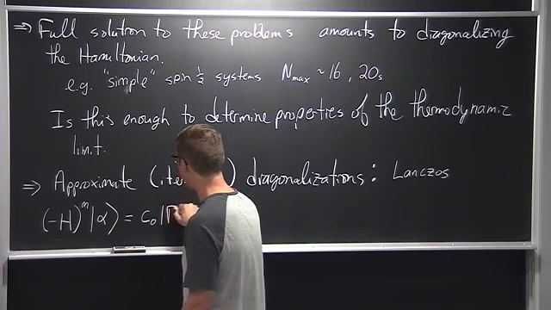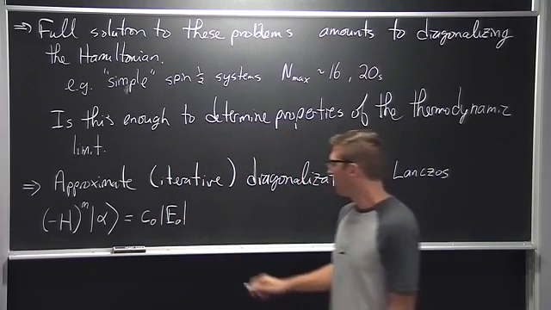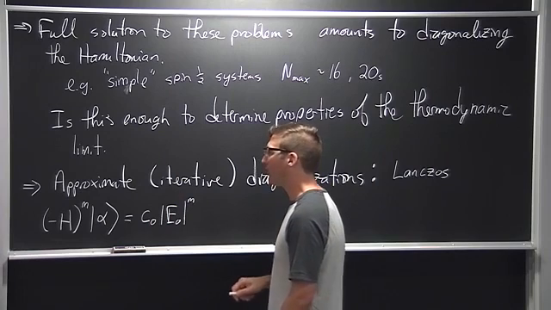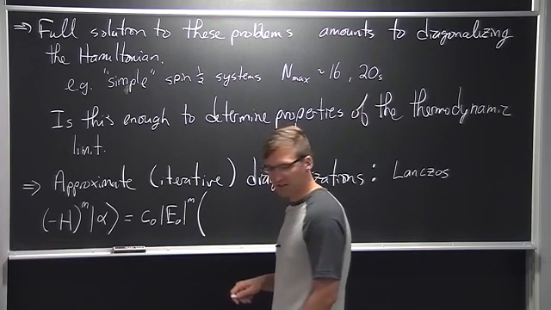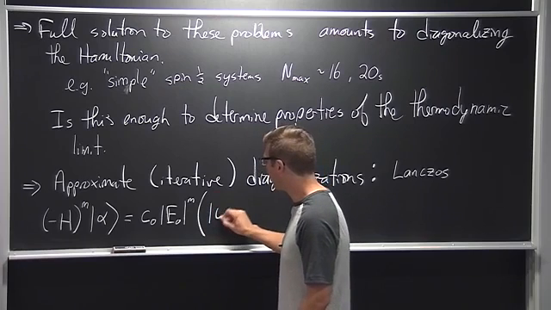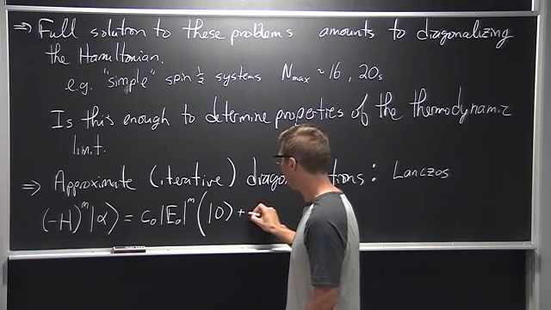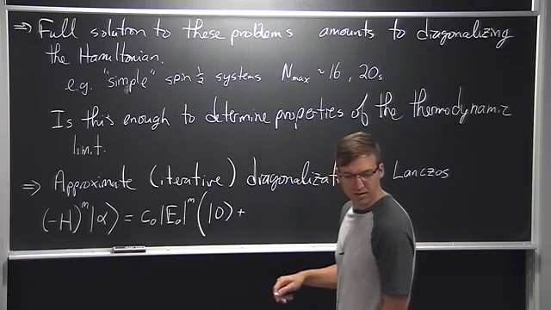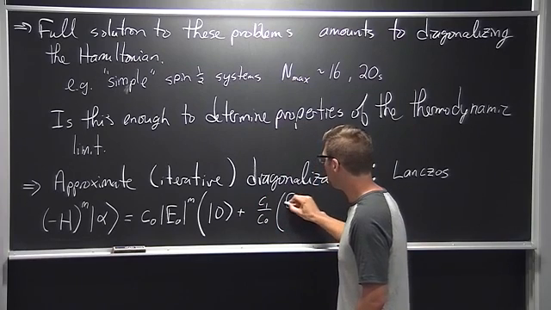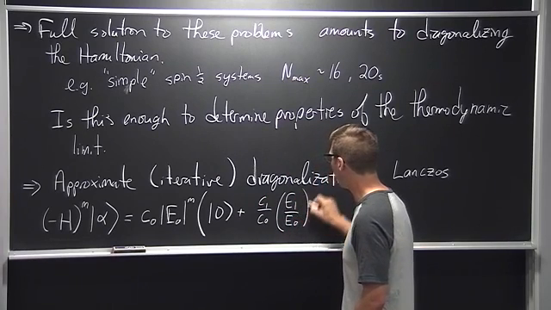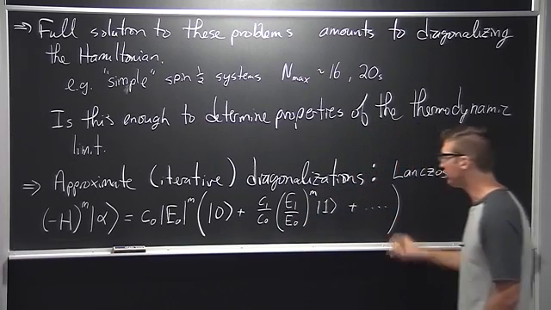So I want to pull out C naught and the ground state energy, the magnitude of it to some power. Right, then I can write this basically as just the ground state energy, so I'm working in the energy eigenbasis, plus something like this: E1 over E naught to the M, plus other terms.